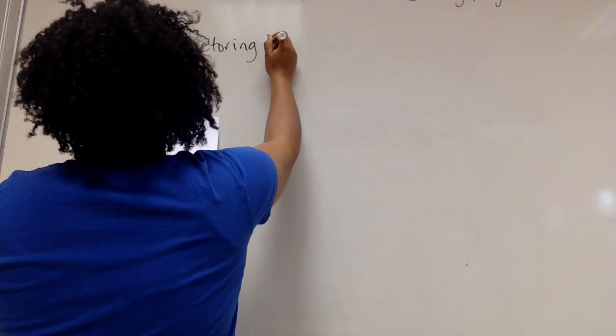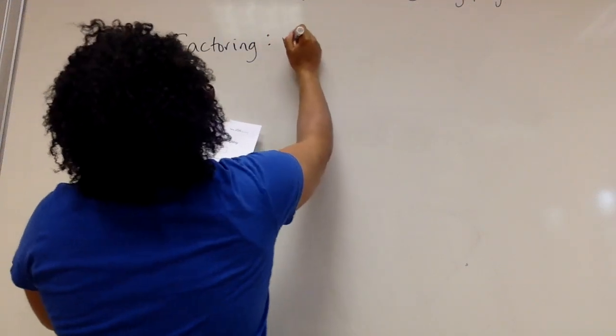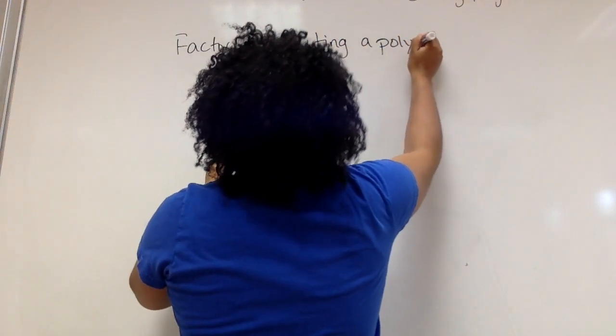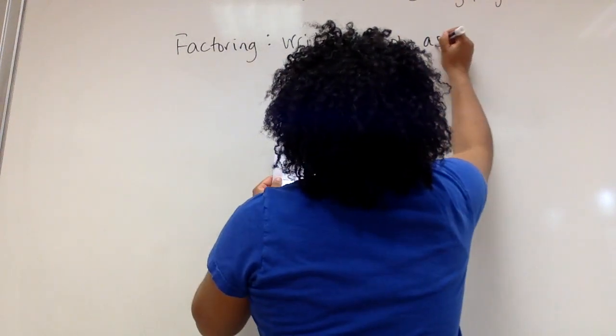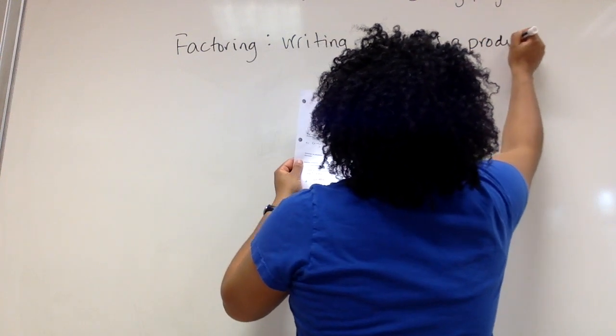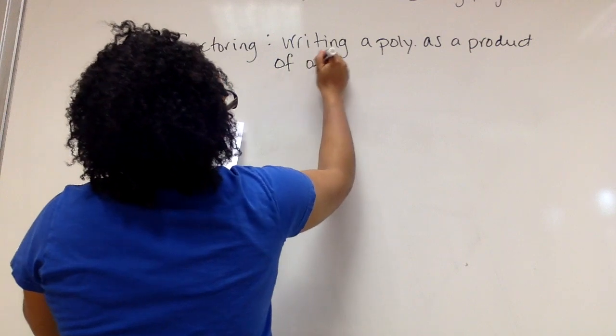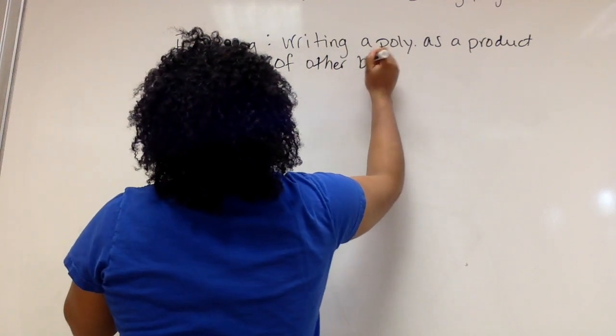All right? So the definition of factoring is writing a polynomial as a product of other polynomials.